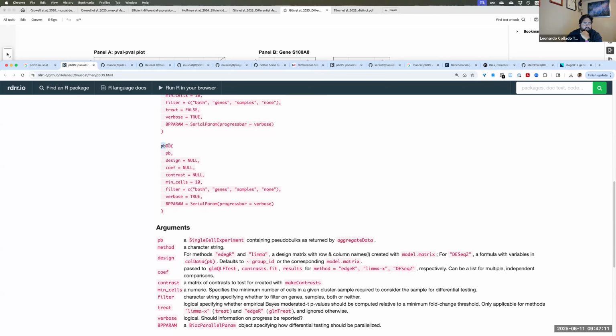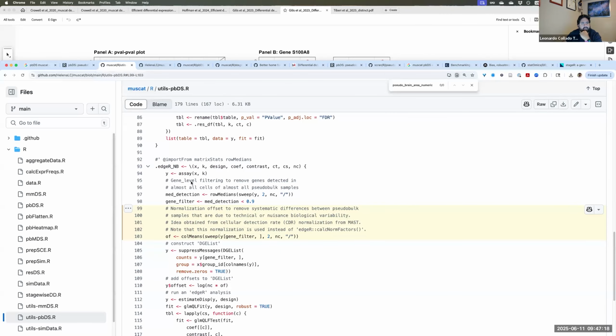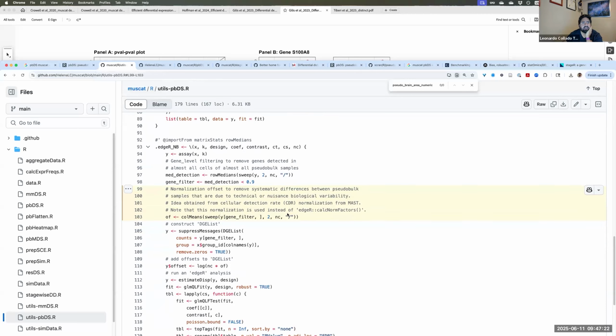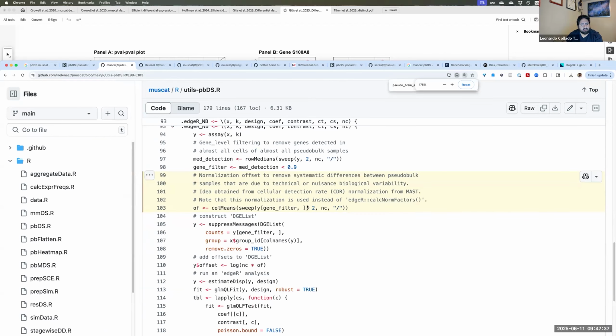Now, an important detail here, if you're running pbDD, is that internally, this is actually documented elsewhere and mentioned in the preprint, they use the number of cells for computing a normalization factor. So they don't use size factors in this, but they use the number of cells, which is this NC parameter over here.